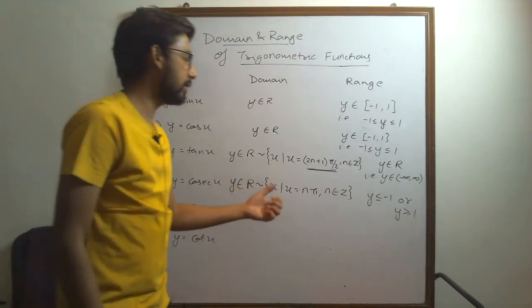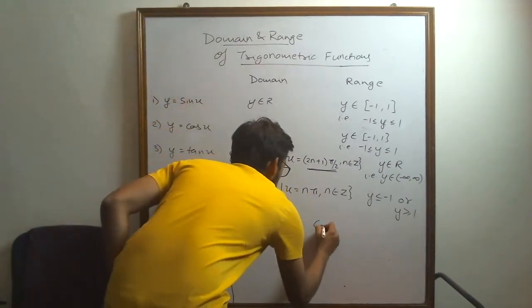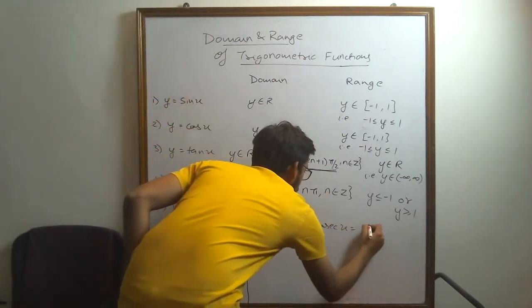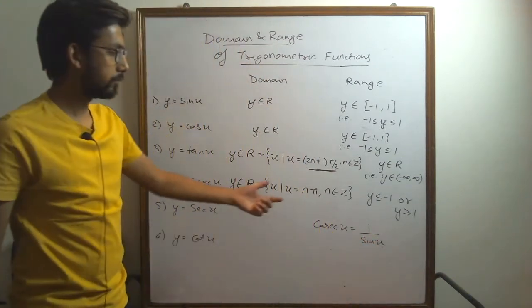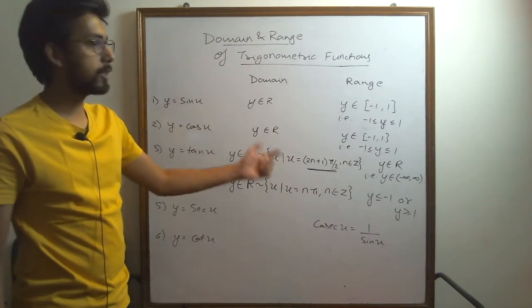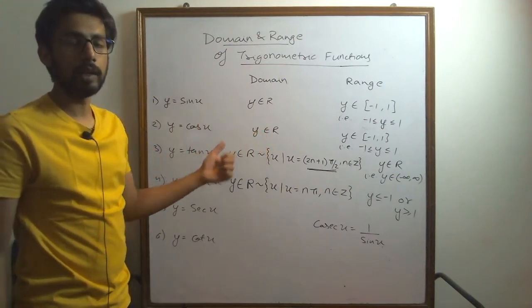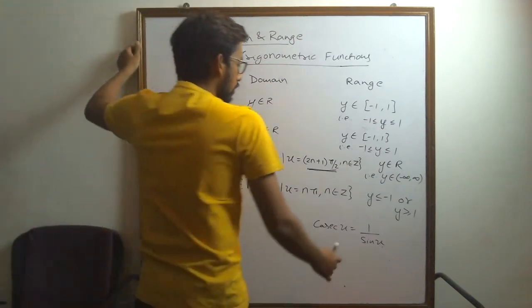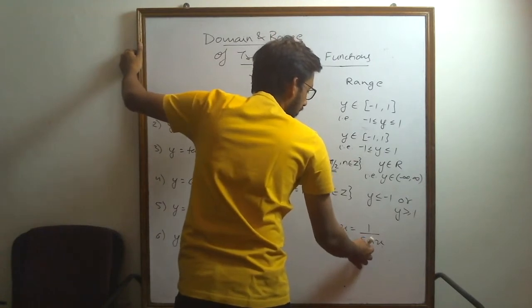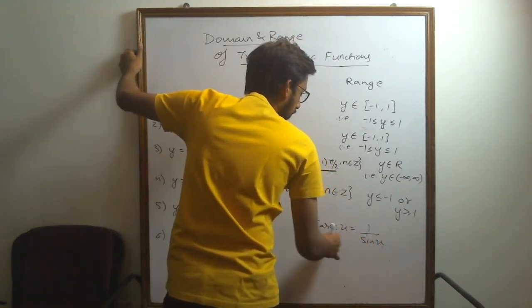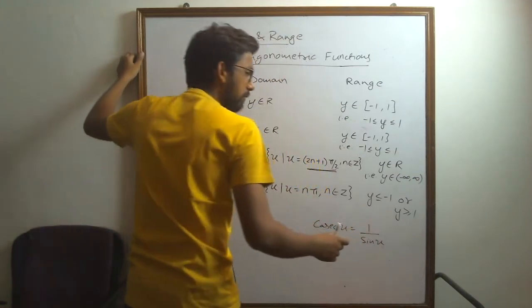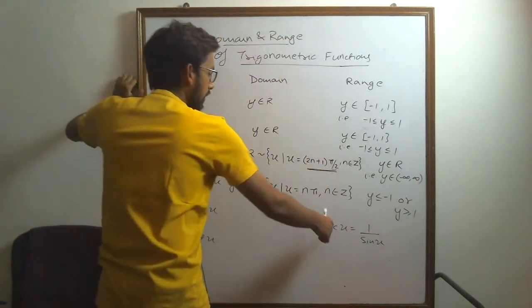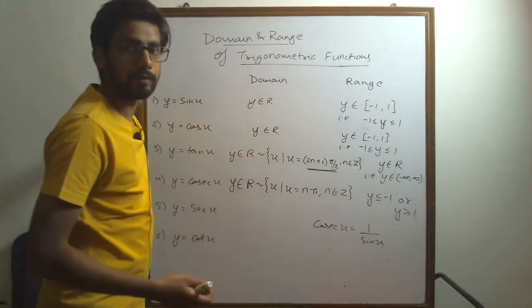To see why this is, we know that cosec x is equal to 1 upon sin x. Now sin x is between -1 and 1, including both. Whenever sin x is positive but very close to 0, cosec x will tend to plus infinity.